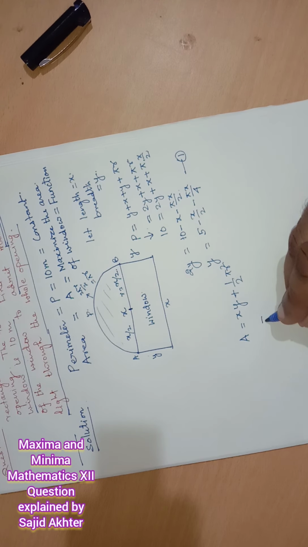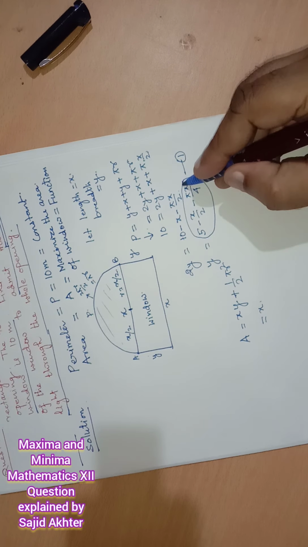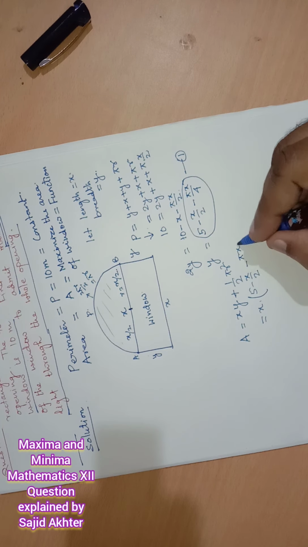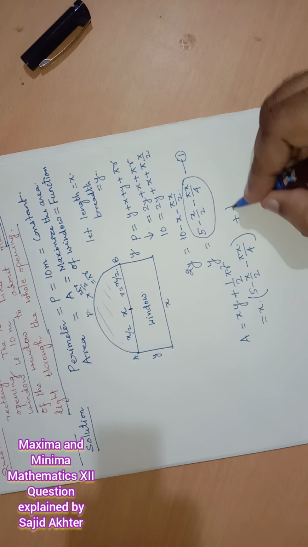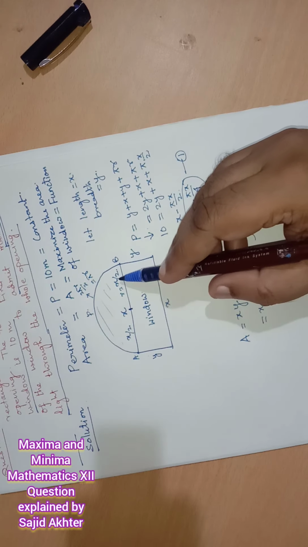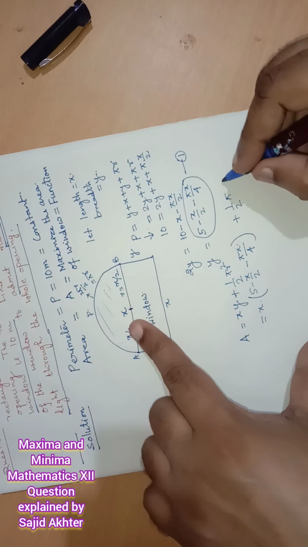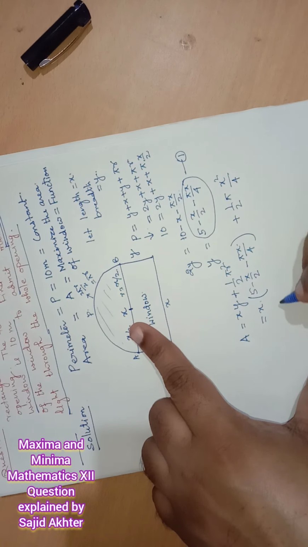In place of y we will substitute 5 minus x by 2 minus pi x by 4, and then here 1 by 2 pi r square is there. So r is x by 2, so r square is x square divided by 4. We just multiply over here.